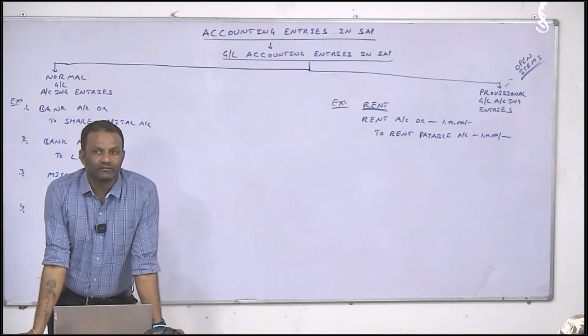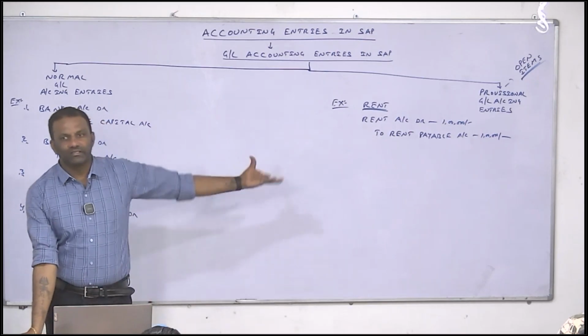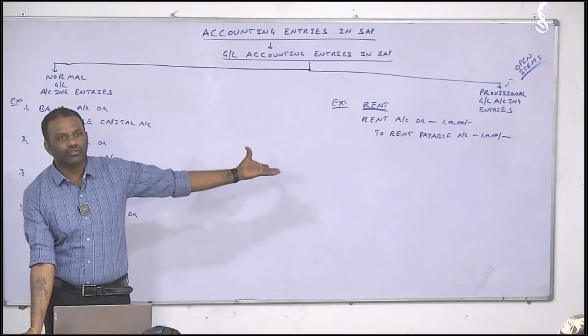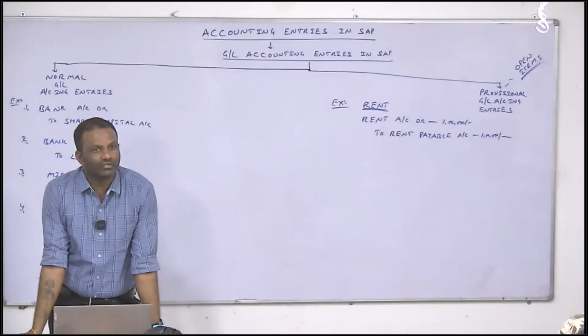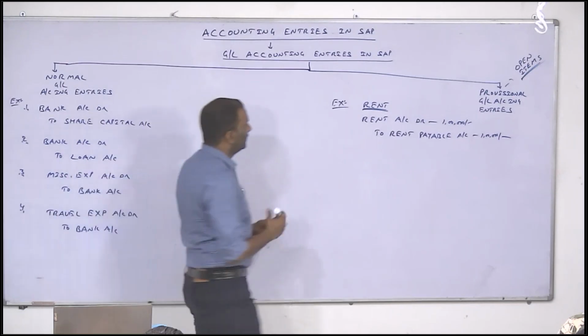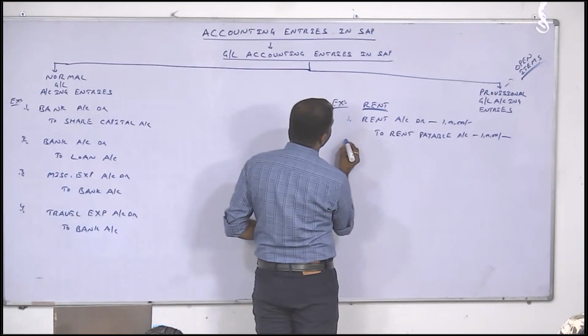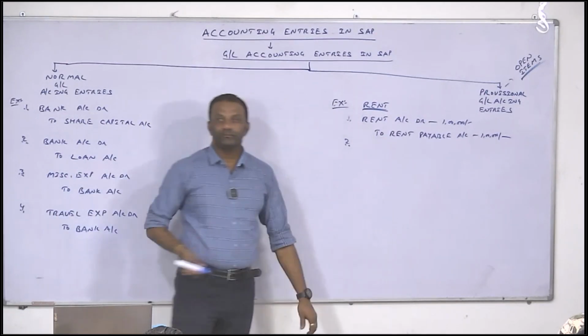Why? It is outstanding. You should show that as a liability. Again, you should clear that or not? This is the first entry. Then what will the second entry be? Anyone?